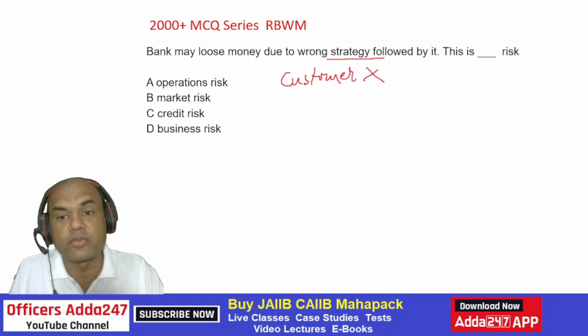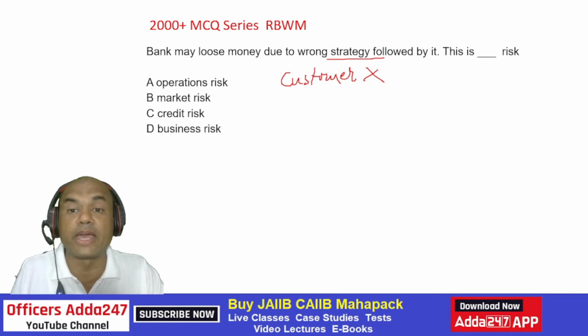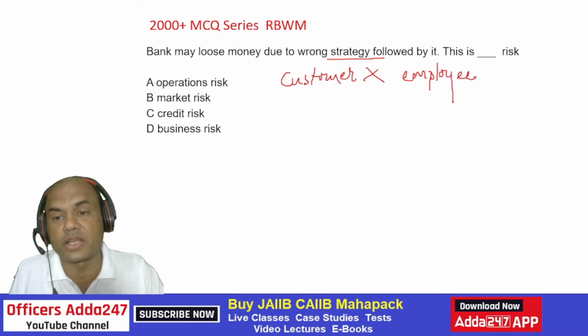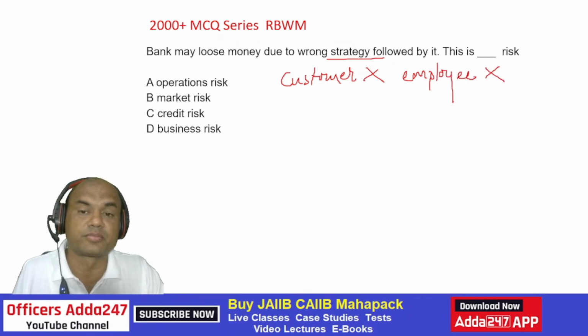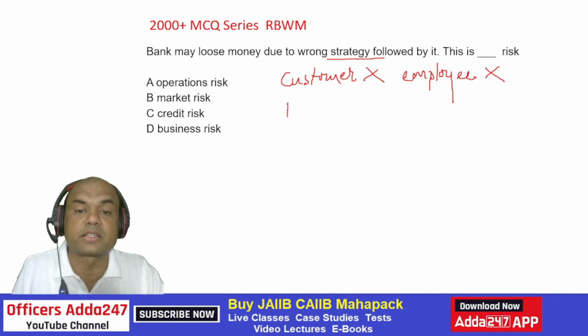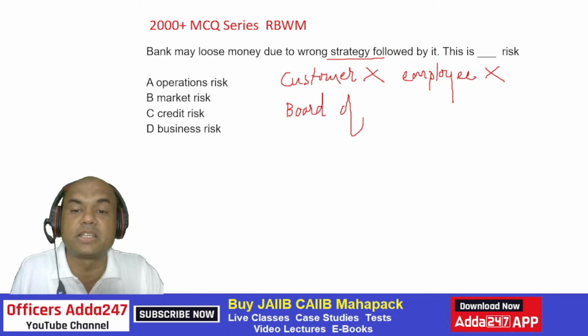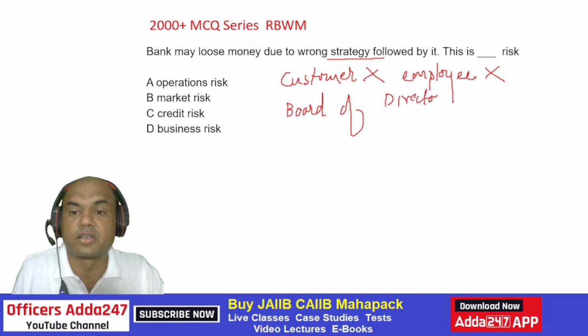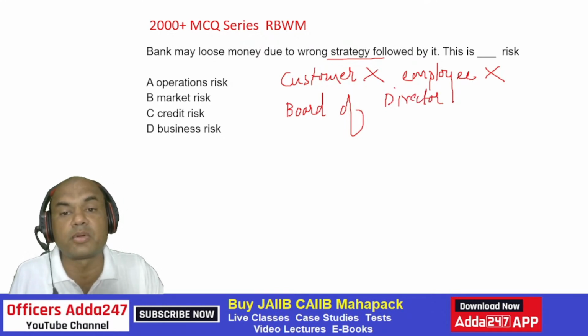It is not the default from the employee, meaning some employee error. We call that operations risk, the mistake of an employee. So it's not that either. Here the wrong strategy means the strategy of the board of directors. Board of directors are not able to see the future. That is known as wrong strategy.